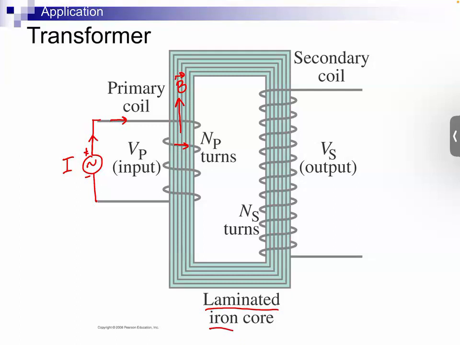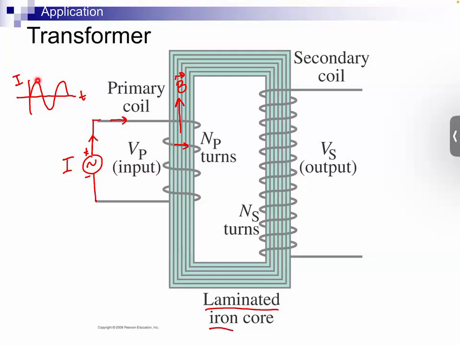The current that you applied is alternating. That means the magnitude of the current changes with time. This is a sinusoidal current that characterizes AC, or alternating current.